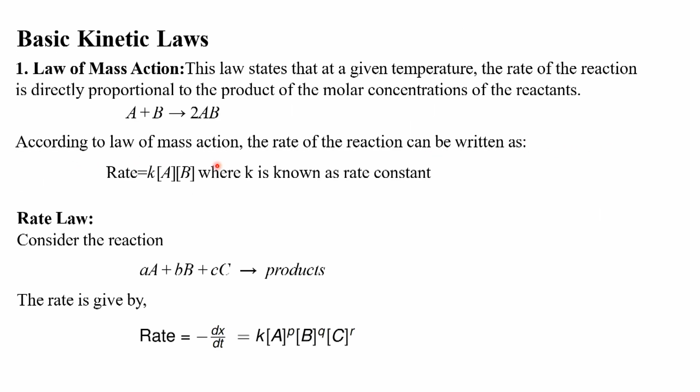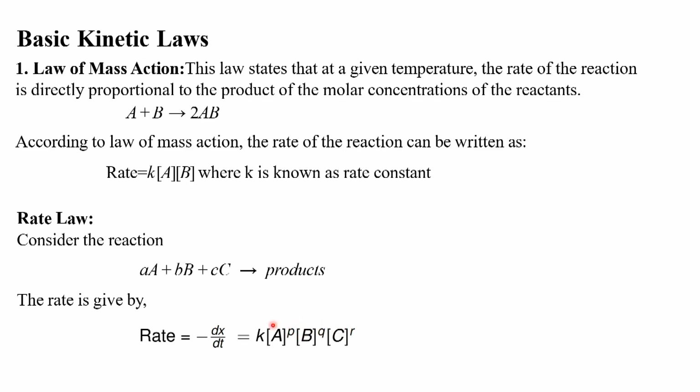So if you look at this balanced chemical reaction, here a moles of reactant A, b moles of reactant B and c moles of reactant C react and give products. But if you see the power here, the molar concentration of A is raised to p, of B to q, and of C to r.